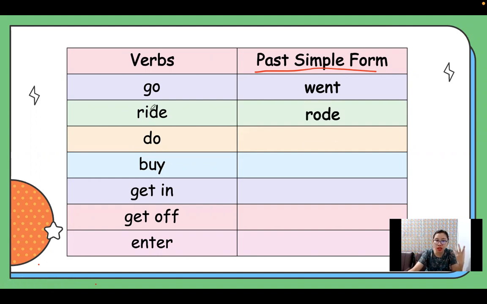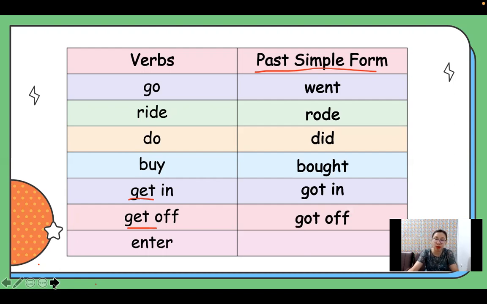As you see, the i changed into o, but go changed into went. And then do, did. Buy, bought. Get in, got in. The past tense of the word get is got. I got it. And then get off, got off. We got off at Market Village.